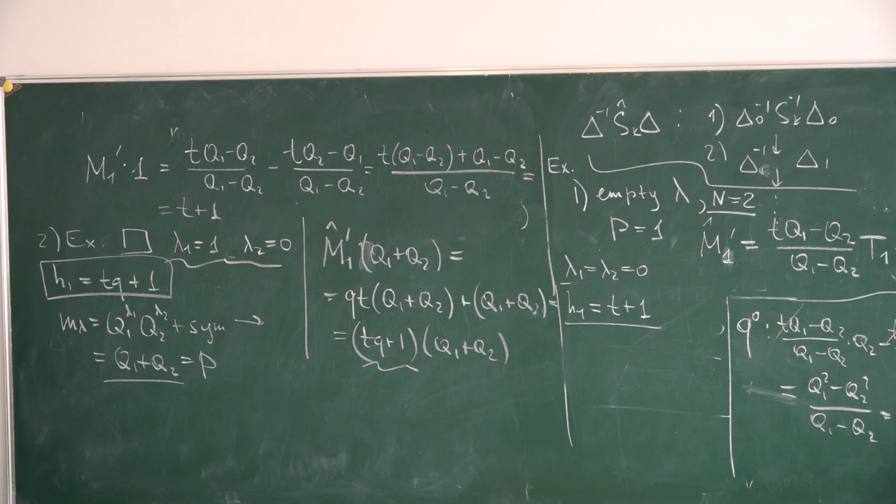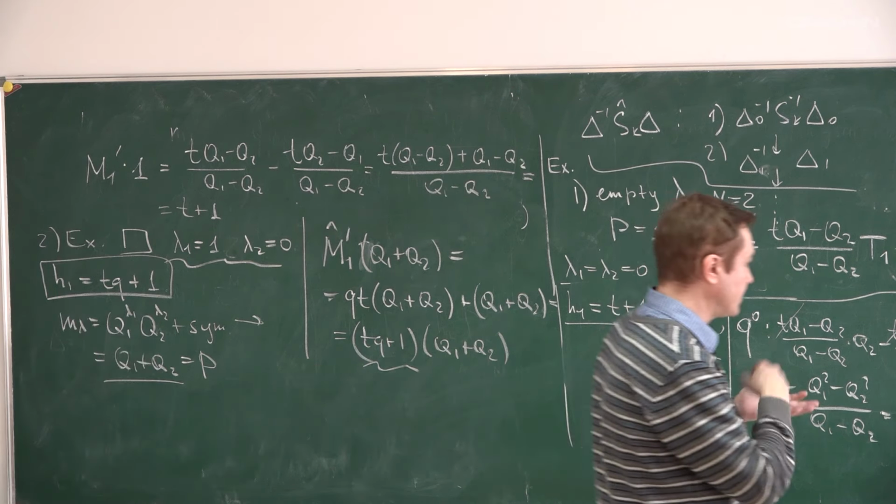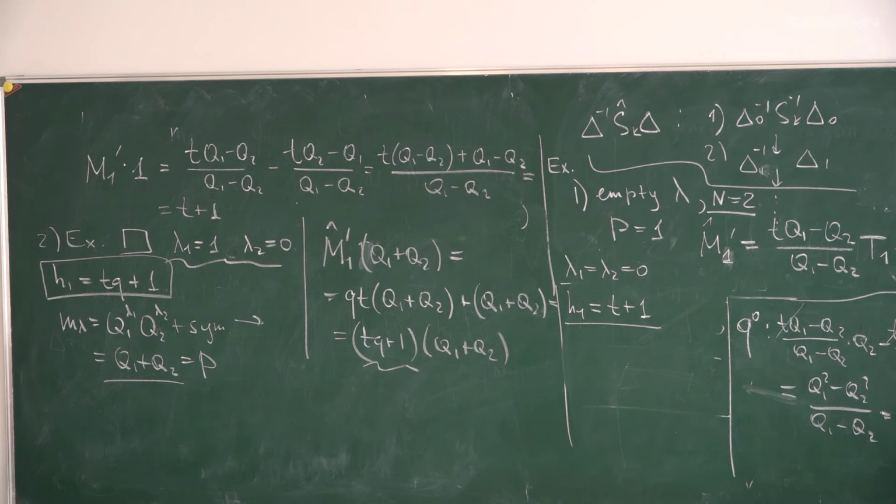Okay, now, so we discussed the general structure. You may of course now come back to the initial operators, because now we know that these operators M prime have eigenpolynomials, and these polynomials are Macdonald symmetric polynomials.